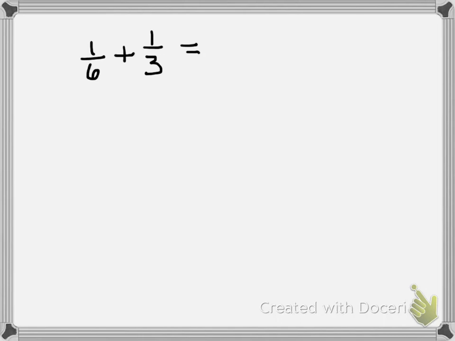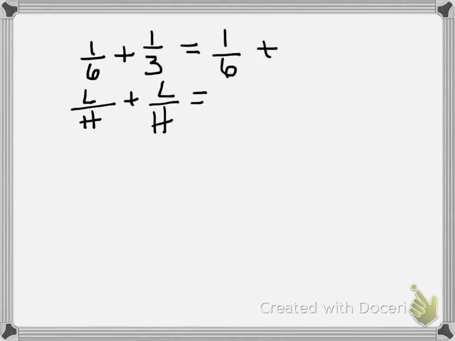So this is lawns per hour, 1/6 of a lawn per hour plus 1/3 of a lawn per hour. And so I can figure out their total together. I want to get a common denominator. So I get 1/6 plus 2/6, which equals 3/6.